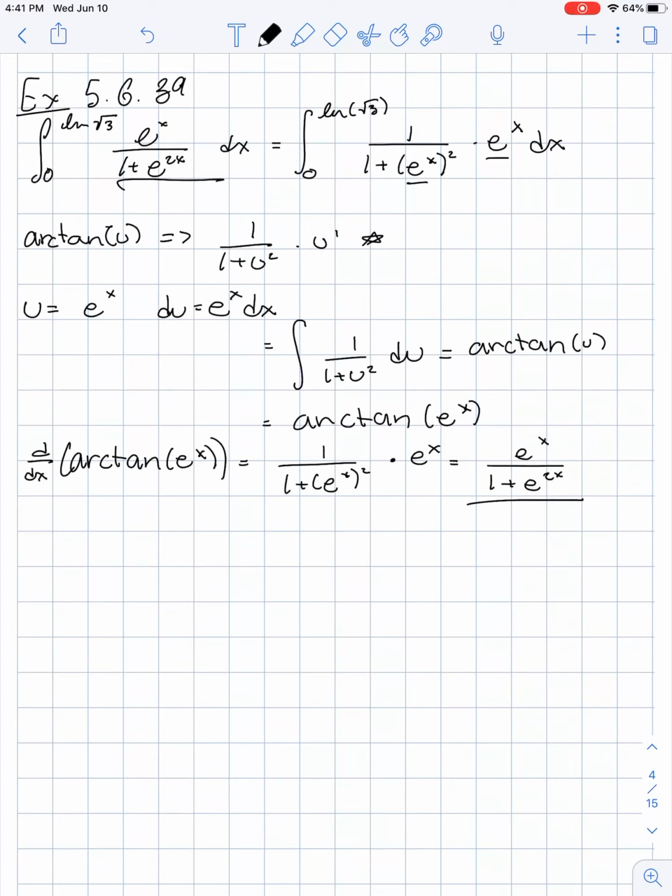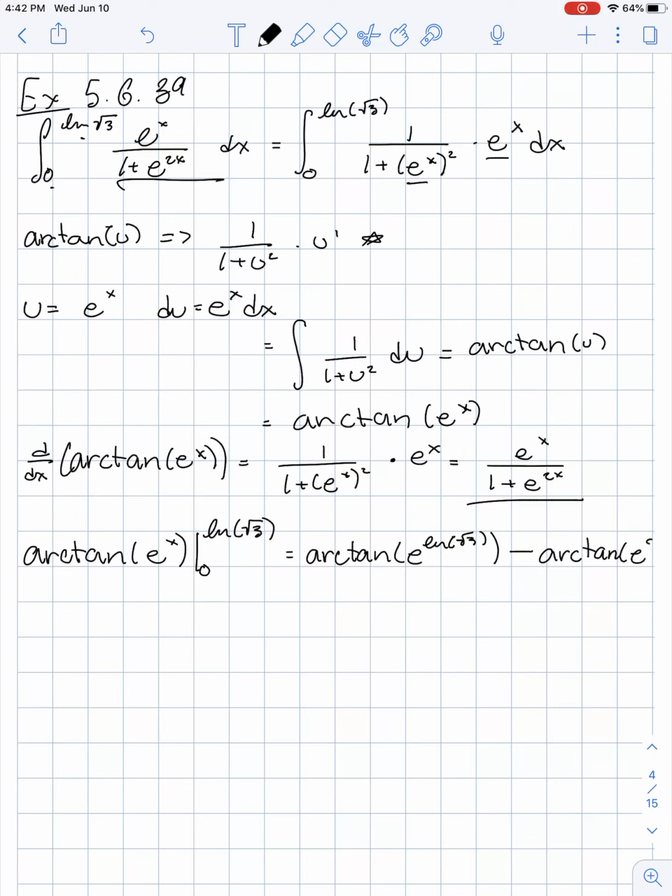Now I can plug in my bounds, 0 and ln of the square root of 3. So I'm going to take arctan of e to the x from 0 to ln of the square root of 3. All right, so that's going to equal arctan of e to the ln square root of 3, minus arctan of e to the 0.